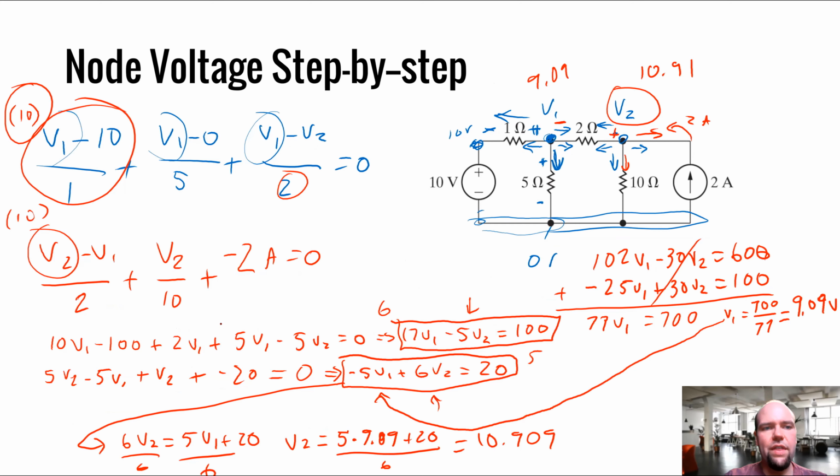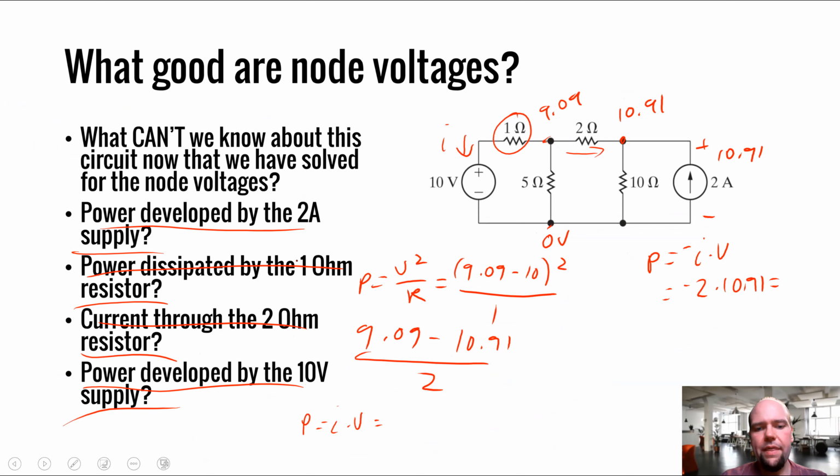Because again, we had solved for that current here. That current is 9.09 minus 10 divided by 1 times V, which is 10. So that's our power developed by the supply. It looks like it will be negative, so it will actually be power developed.